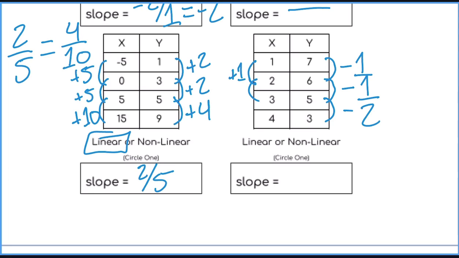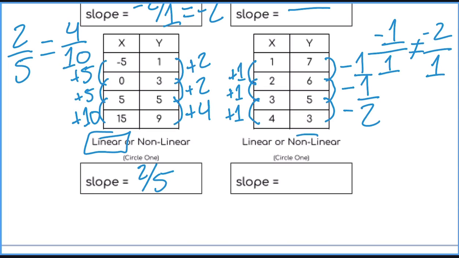From 2 to 3. And from 3 to 4. Non-linear, because we have -1 over 1 and -2 over 1, and those are not equal. So we are non-linear here.